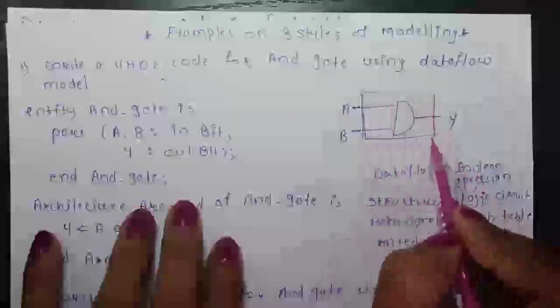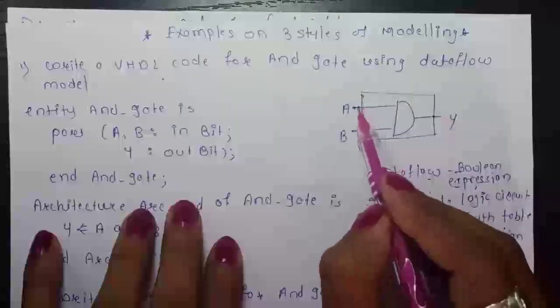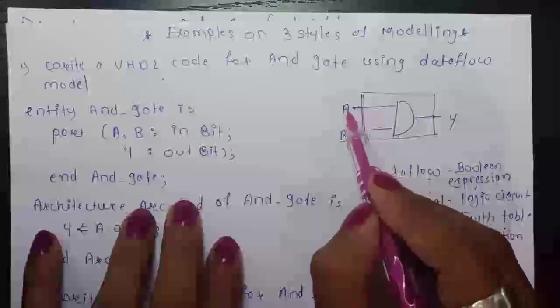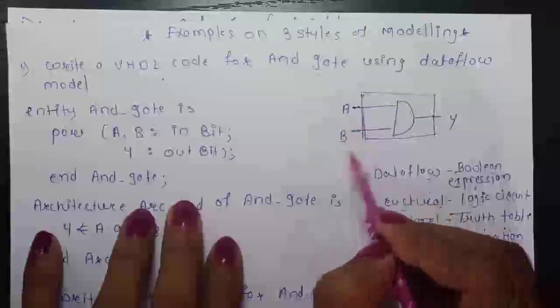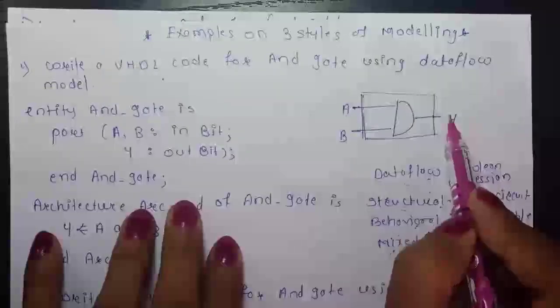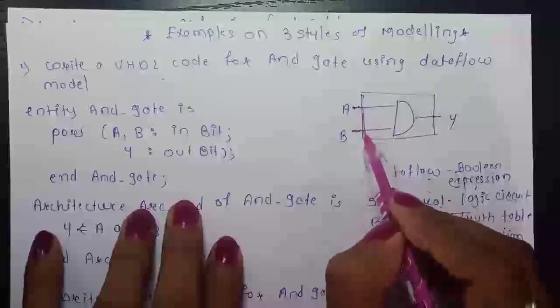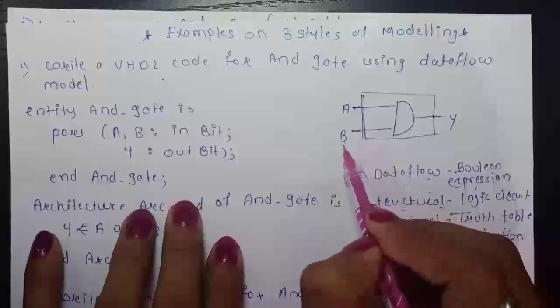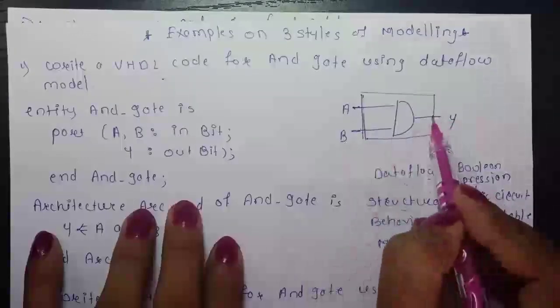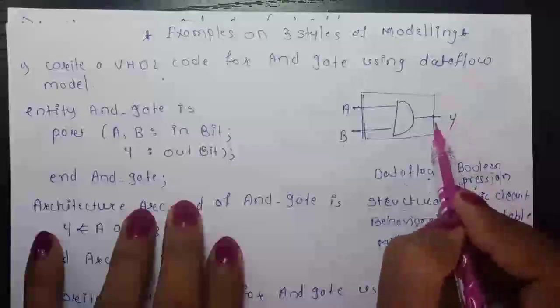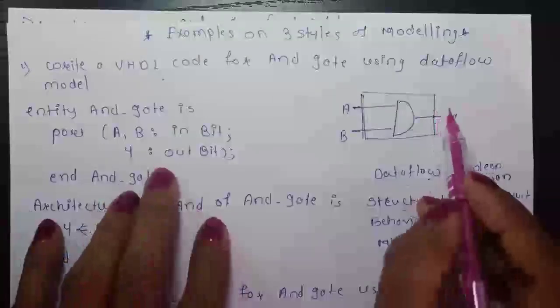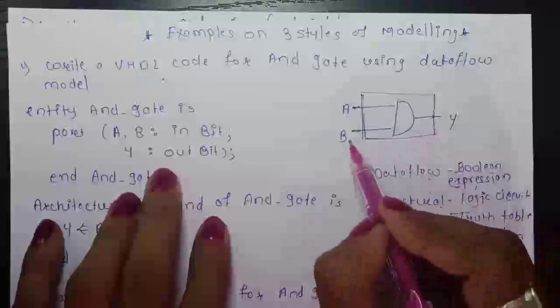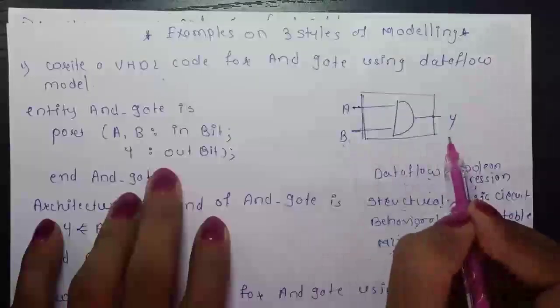If I draw a block here, you can see that there are two inputs connected to the block, that is A and B, and one output Y. So inputs connected to the block are called primary inputs, and the output connected to the block is called the primary output. Okay, so while writing VHDL code, first we have to specify primary inputs and primary output.